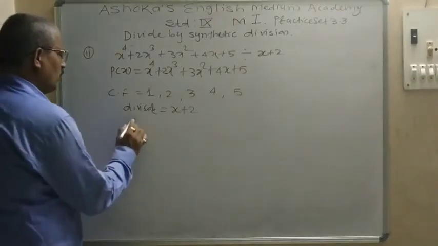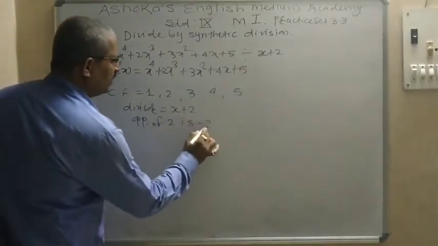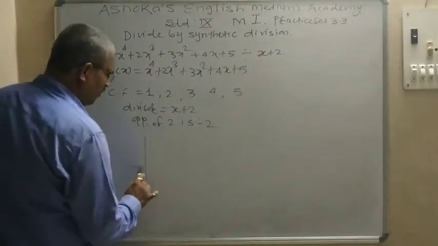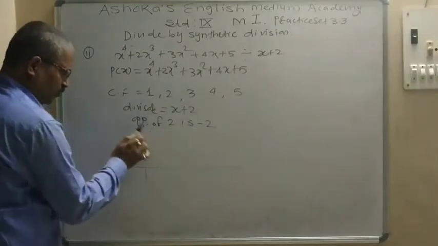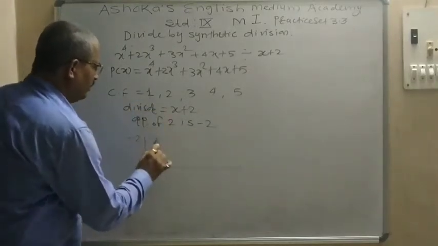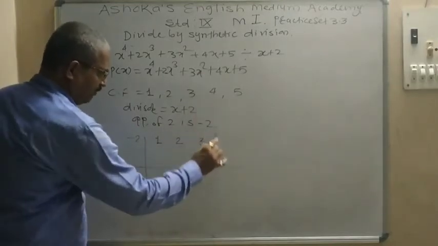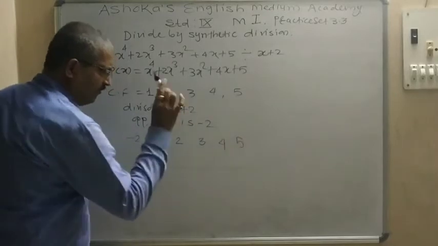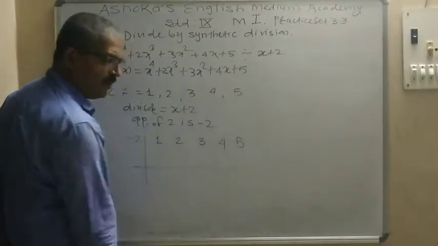Then the opposite of 2 is −2. Therefore by synthetic division, here take −2, by which you are going to divide. And now the coefficient form: 1, 2, 3, 4, 5.